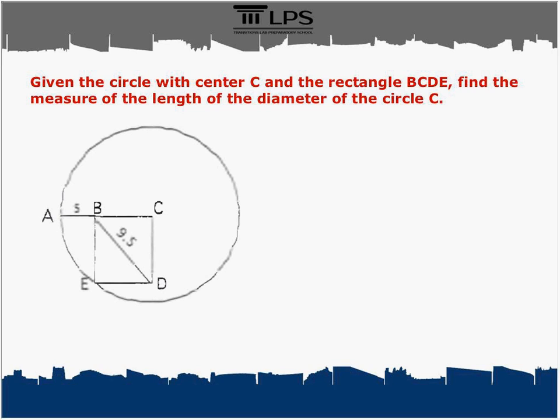Yes, Ravi, AB is 5. 5 is not the answer. 14 is not the answer. No, 10.25 is also not the answer.